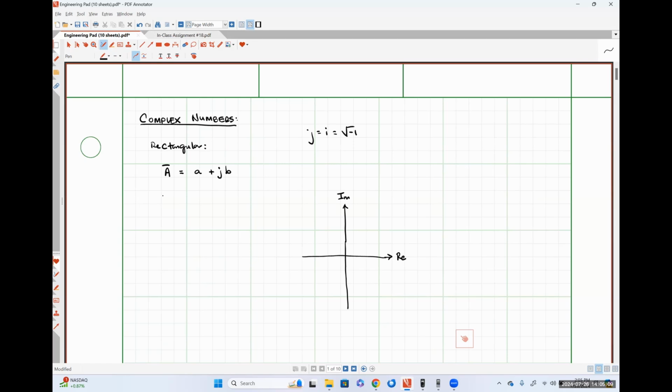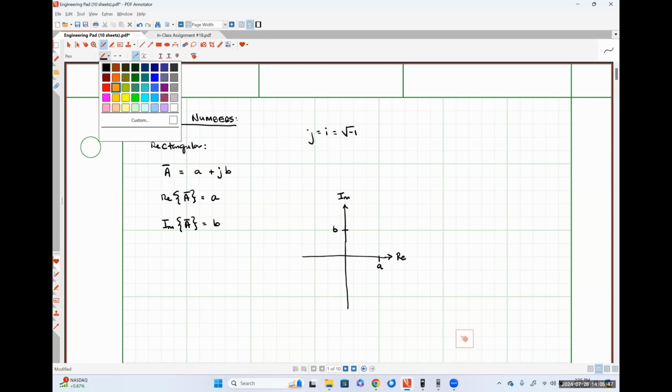So just to be really clear, the real part of complex number A is lowercase a, and the imaginary part of complex number A is lowercase b. If we wanted to represent this rectangular form complex number on our complex plane, we would go out a units in the real direction and up b units in the imaginary direction, and that would give us the following complex number.